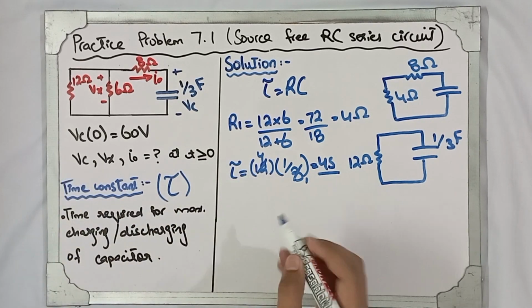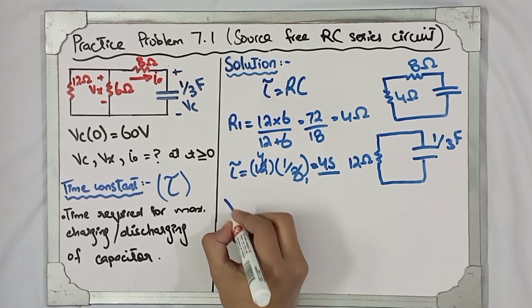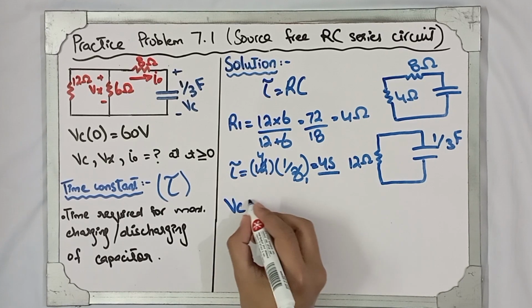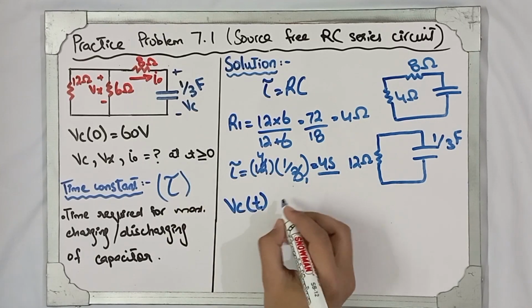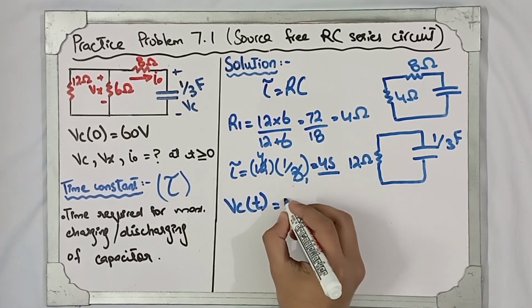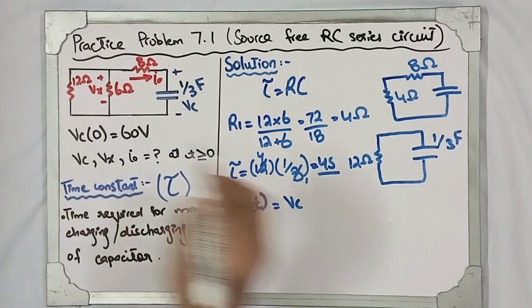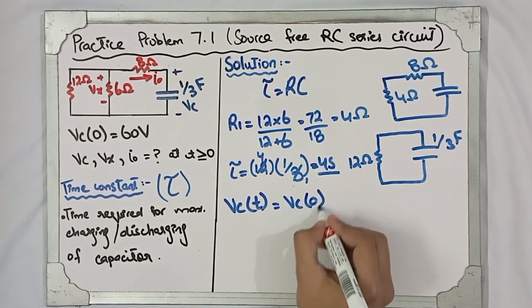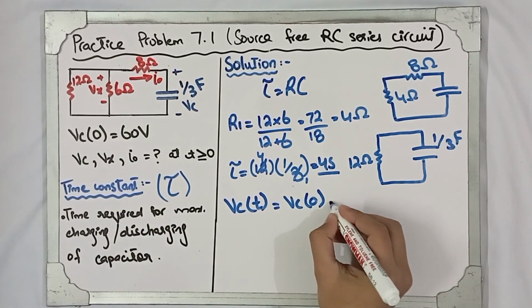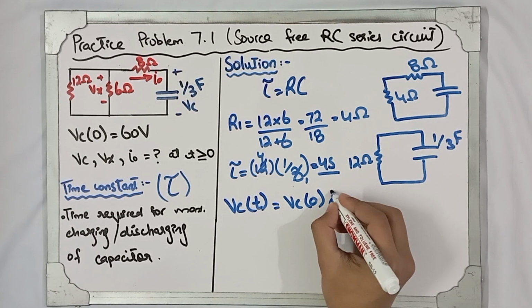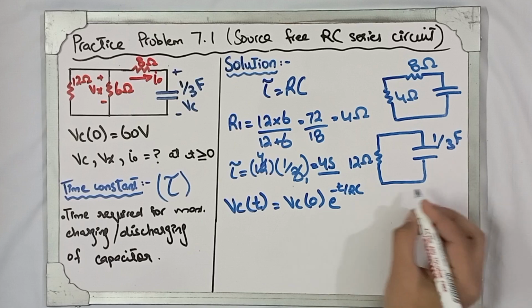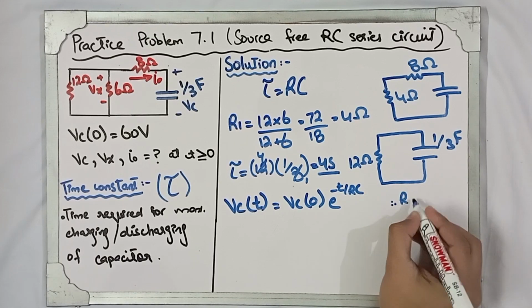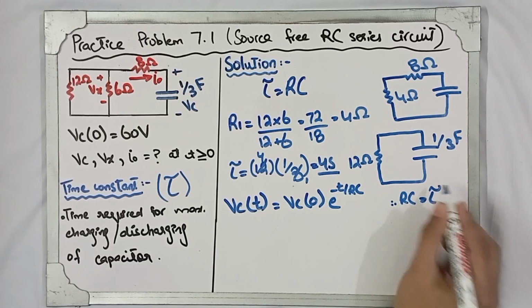The capacitor voltage Vc at any time t is equal to the initial capacitor voltage, Vc at 0, into e raised to the power minus t divided by RC, where RC is the time constant we have already calculated. So RC equals tau.